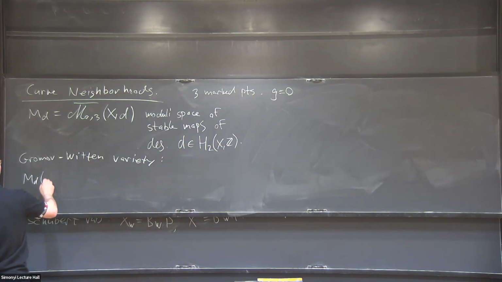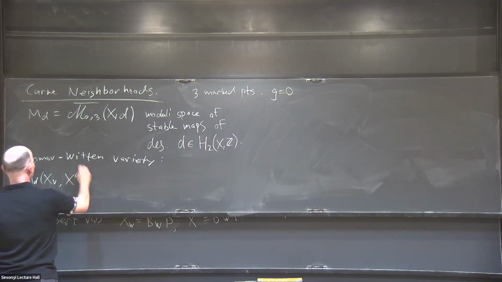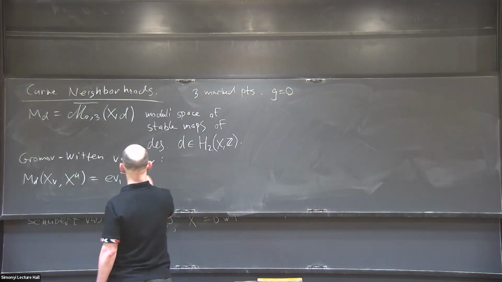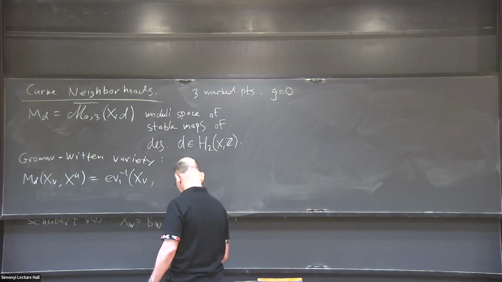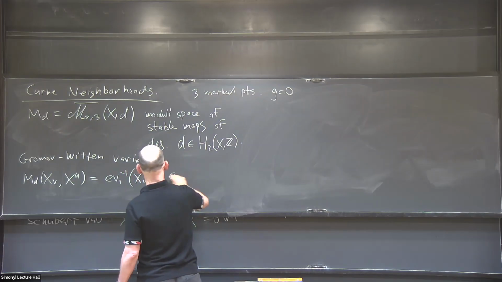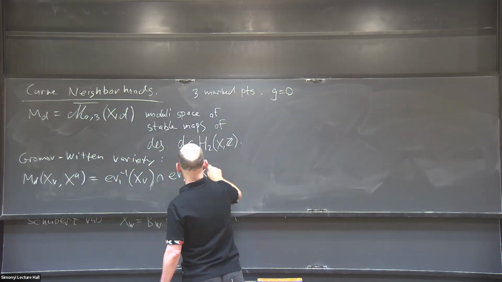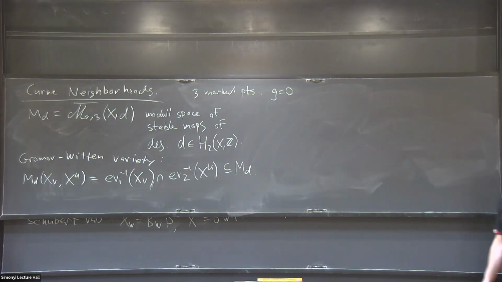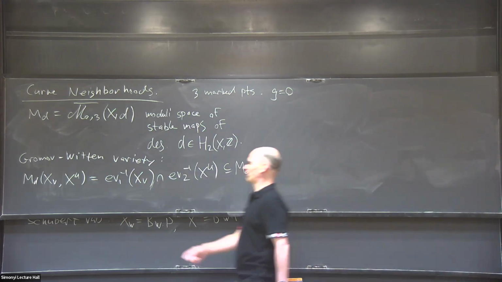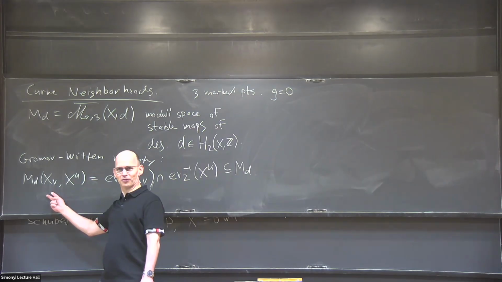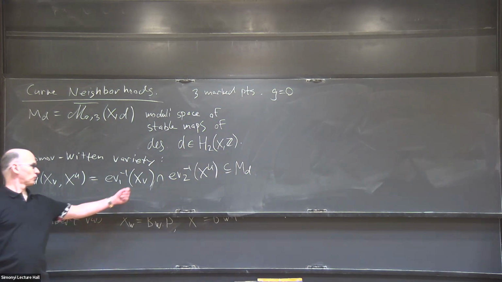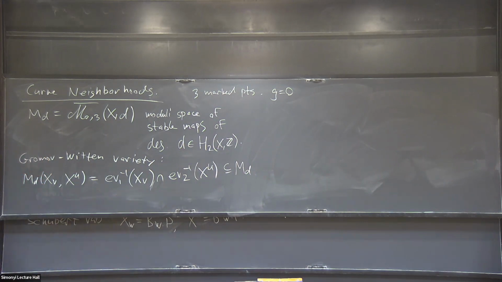I call it M_D(X_v, X^u), defined to be EV1 inverse of X_v intersect EV2 inverse of X^u. So it's a subvariety of this moduli space, and it is itself just a moduli space of stable maps from a P1 tree to X that send the first marked point to the first Schubert variety and the second marked point to the second Schubert variety.